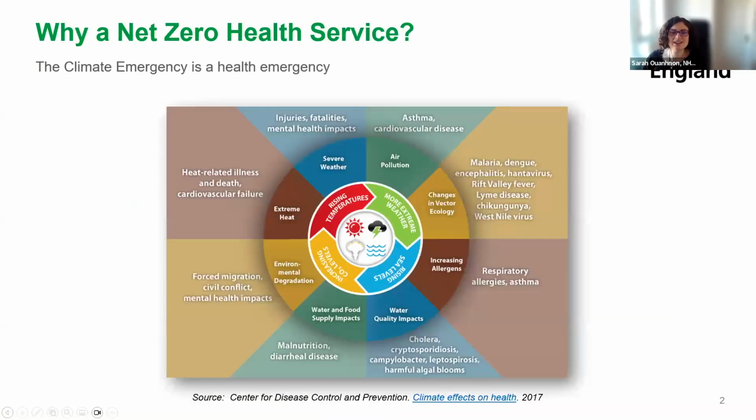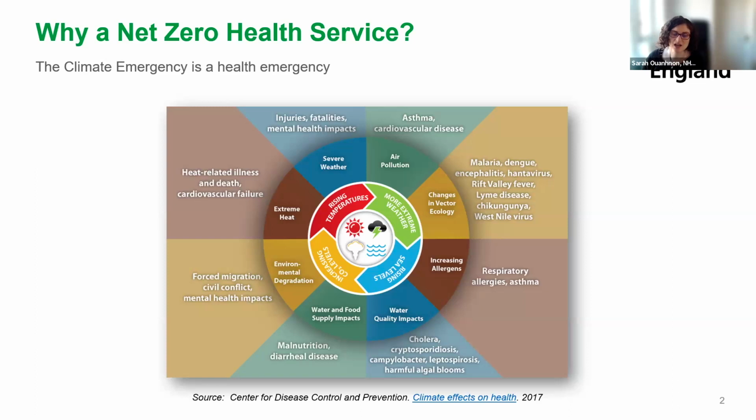I tend to never start a presentation without anchoring us into why we're talking about what we're talking about. I probably preach to a lot of people who are already bought in and convinced, but why does it even matter for the health sector to think about carbon emissions? Well, because climate change has a direct impact on health. And it is our mission to protect the health of the population.